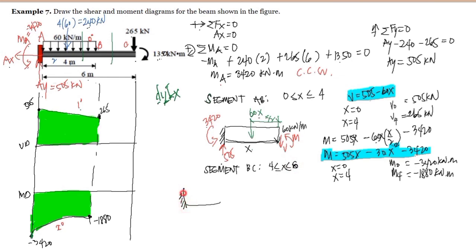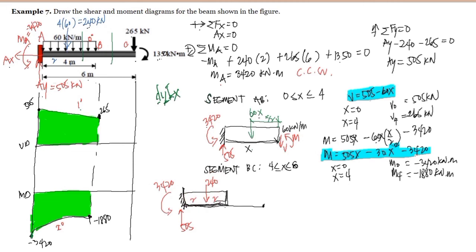We have this uniformly distributed load over the span of 4 meters, and this is the cut. Okay, so for the reaction, we have here 505 directed upward, and we have 3420 counterclockwise. Now, for the resultant of the load, we have here 240 acting at 2 meters from here and 2 meters from here.